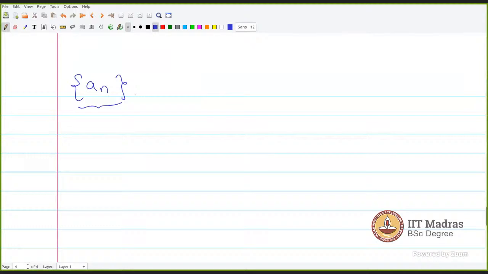If I say this sequence will tend to some value A, if I keep increasing n, then my an is getting closer and closer to this value A, closer and closer.